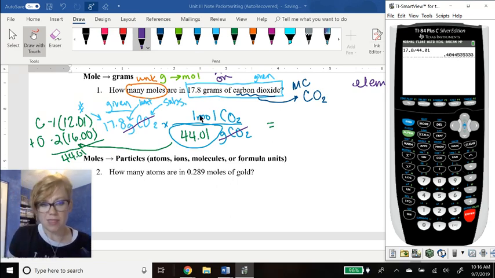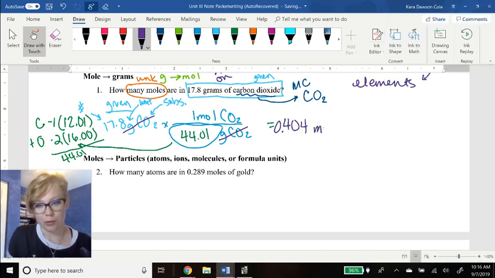Now I need to look at my given value and round it to the same number of sig figs. I've got 3 sig figs, which means I need 3 sig figs in my answer. So 4.04 moles of CO2.